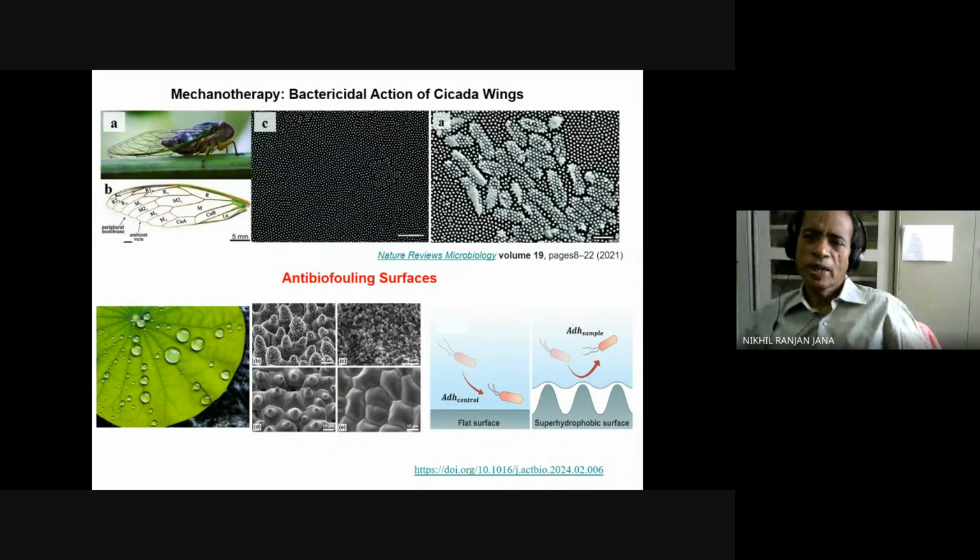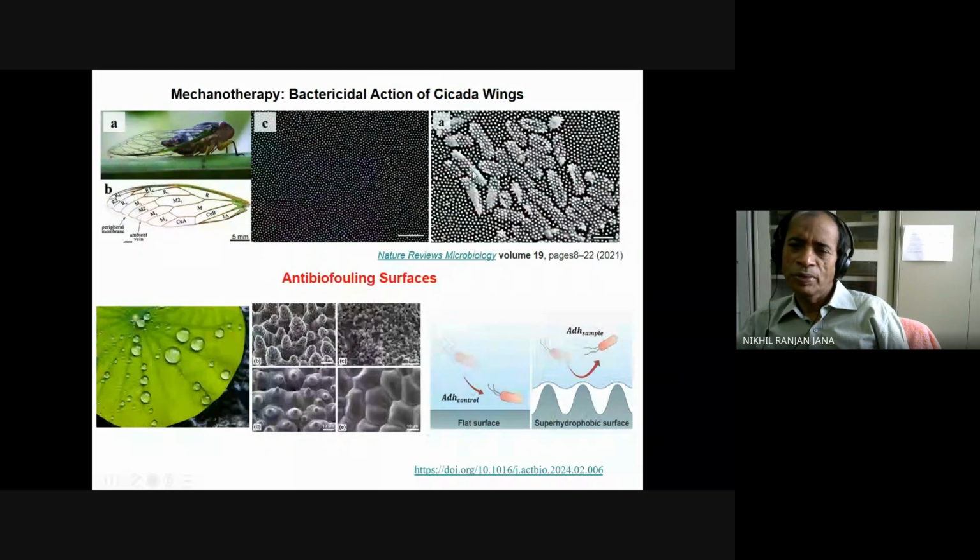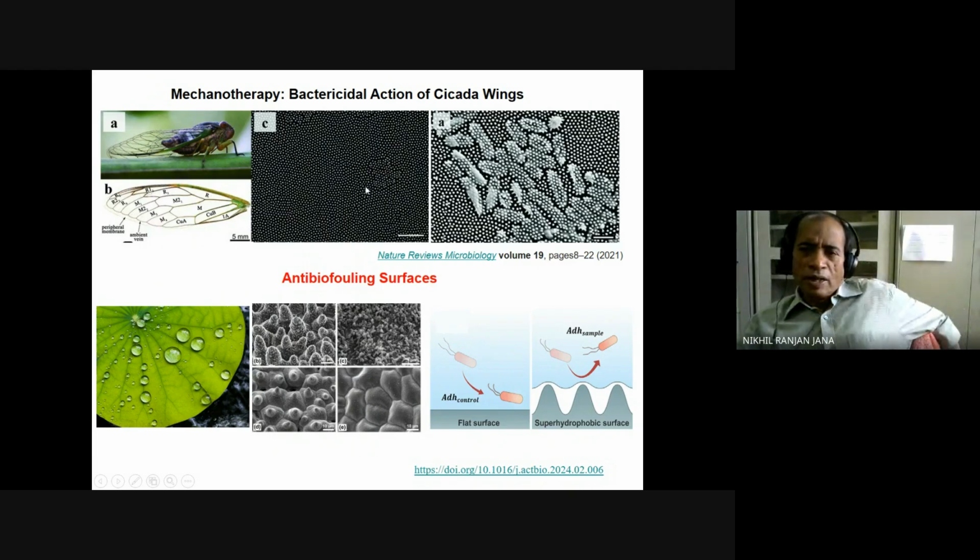Once bacteria attach on the surface, because of these pillar structures, the bacterial membranes form lots of pores. These pores lead to bacterial death. So this is called mechanotherapy.